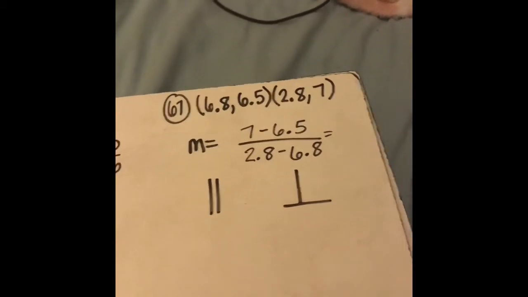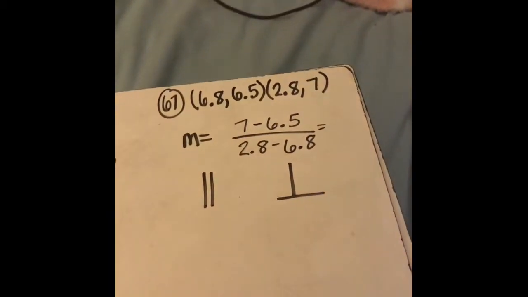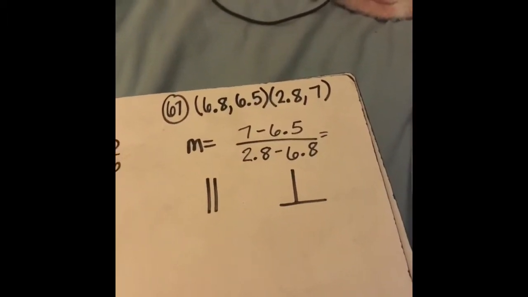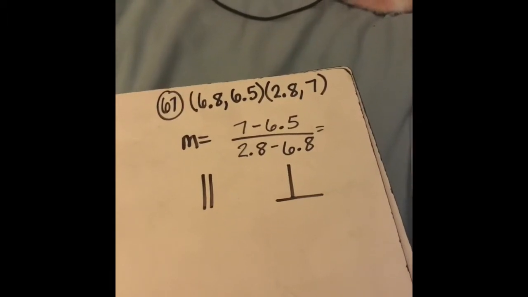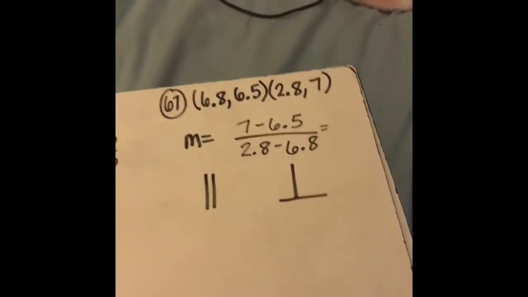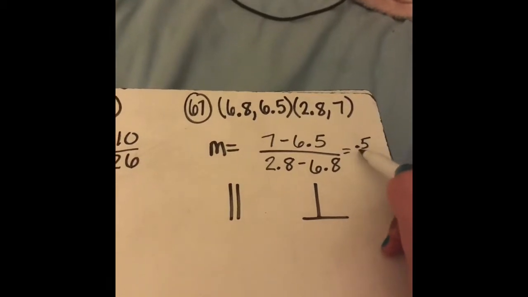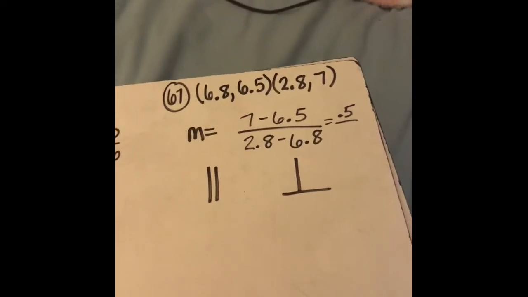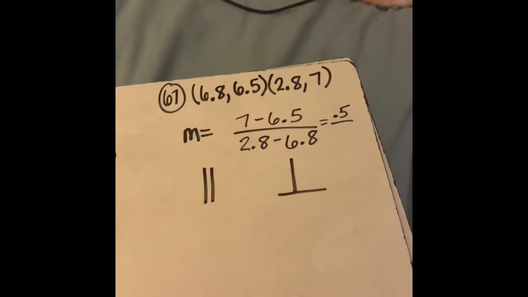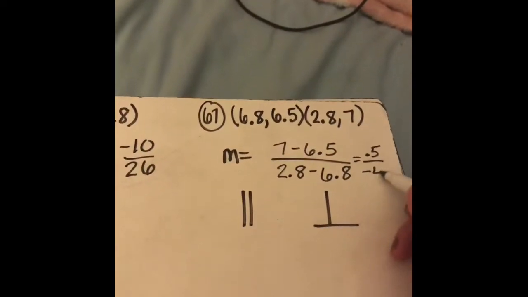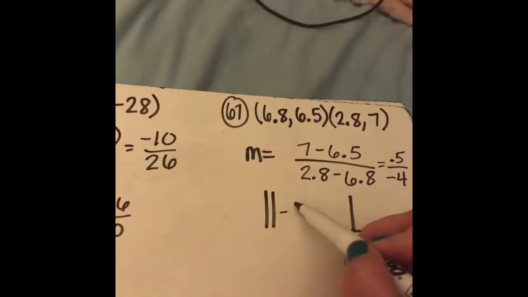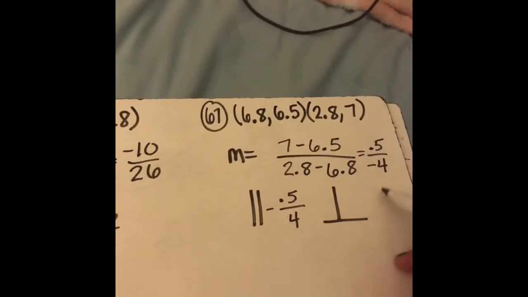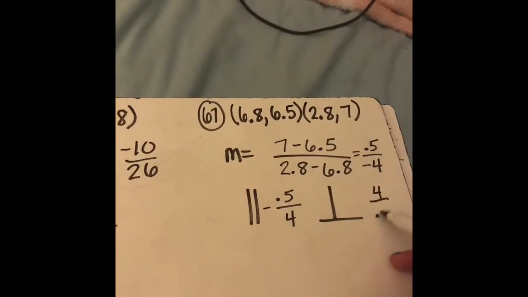All right, so we have 7 minus 6 and 5/10, or a half. 2.8 minus 6.8 is negative 4. And then the negative inverse, so it turns to positive over.